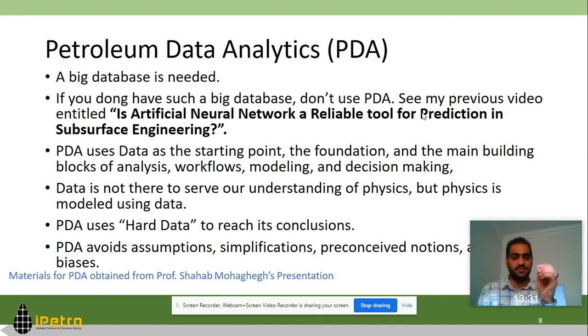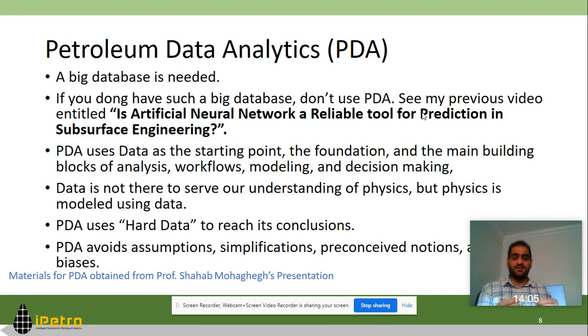So the first thing for using PDA is a very large database. How large? Your database should be large enough that you can claim that it is completely representative of your reservoir or your field.